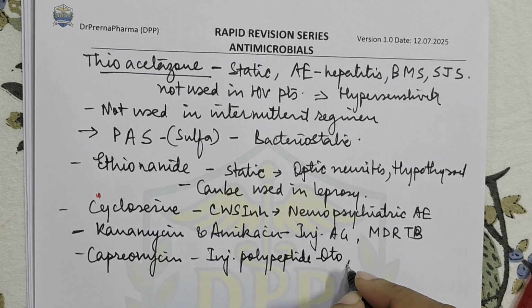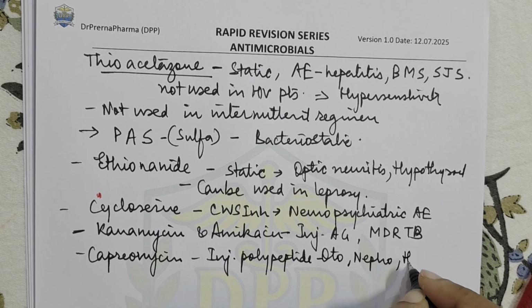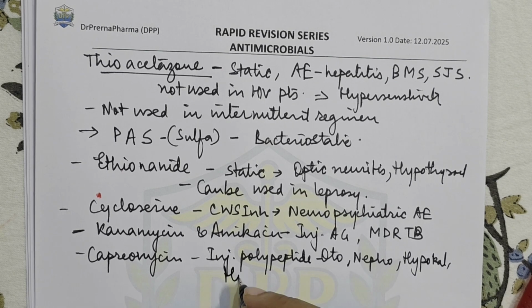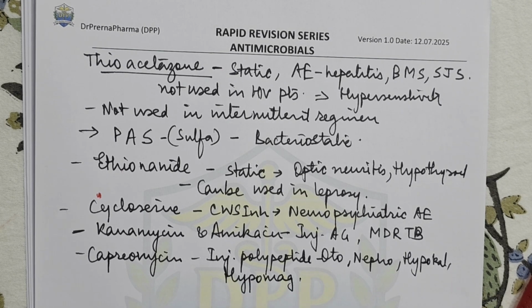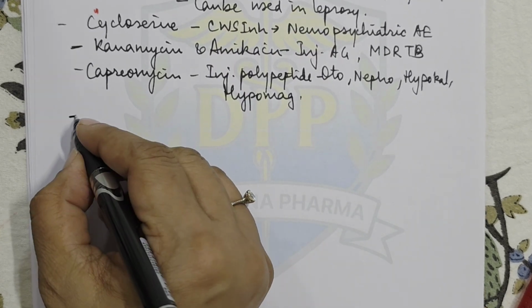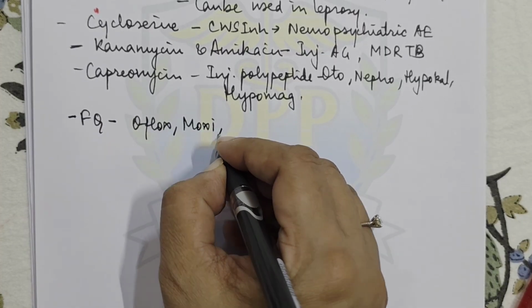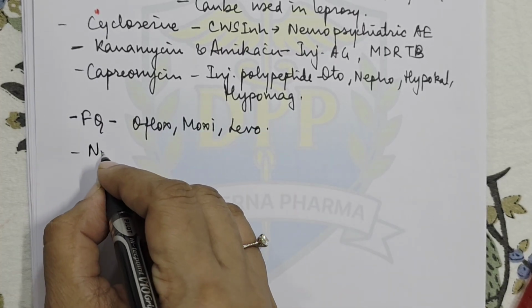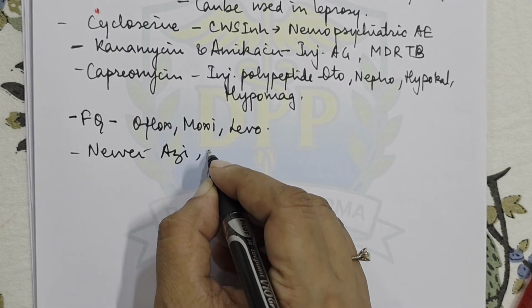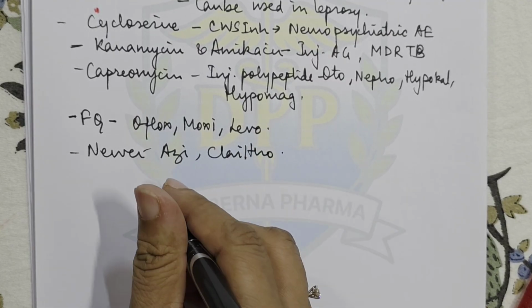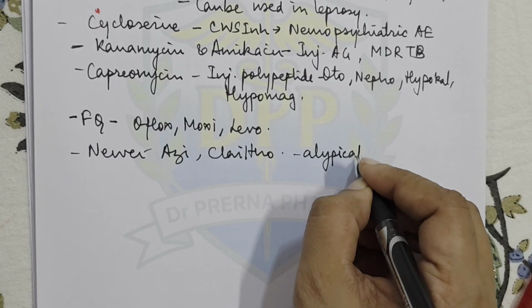It can cause ototoxicity, it can cause nephrotoxicity, can cause hypokalemia, and it also causes hypomagnesemia, right? Then other drugs that we have are fluoroquinolones. These include ofloxacin, then moxifloxacin, then levofloxacin. Then there are newer macrolides like azithromycin and clarithromycin. They are mostly used in atypical mycobacteria, right?